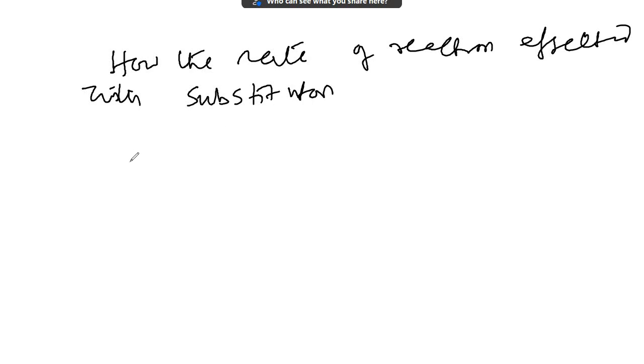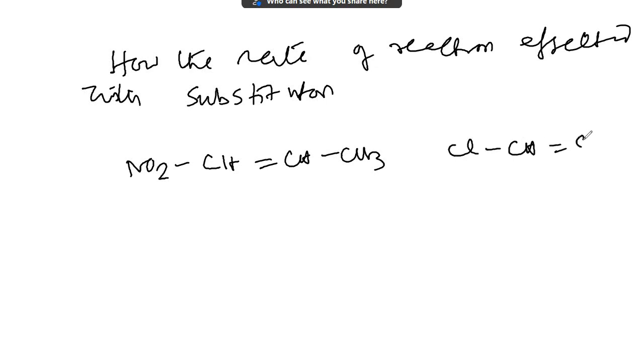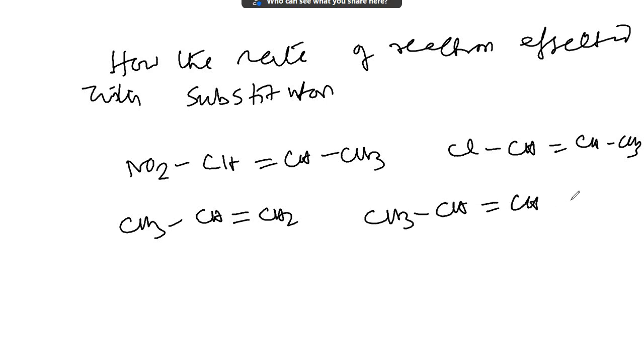Suppose let us take a compound NO2 CH double bond CH CH3, or Cl CH double bond CH CH3, or CH3 CH double bond CH2, or CH3 CH double bond CH CH3. Note the electron density around the carbon atom. More readily it forms the pi complex, faster will be the electrophilic addition reaction.